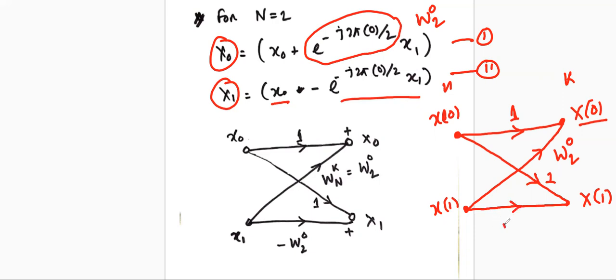Again W2 to the power 0, but there is a minus. Okay, and as you can see, this looks like a butterfly. That's why this is called a butterfly structure. Okay, so this is for 2 points.